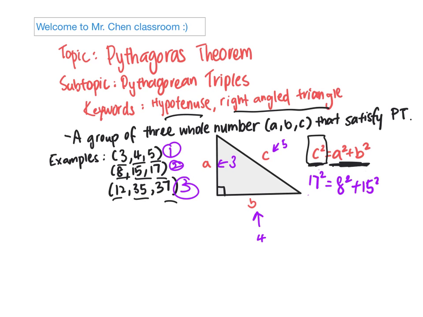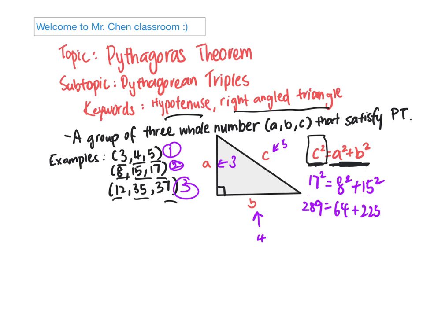From there, you pretty much just need to square them. So 17 squared is 17 times 17, which is 289. And 8 squared is 64. And 15 squared will be 15 times 15, which is 225.